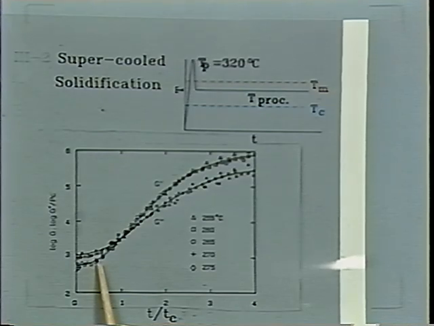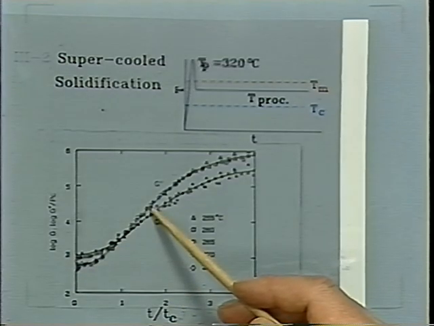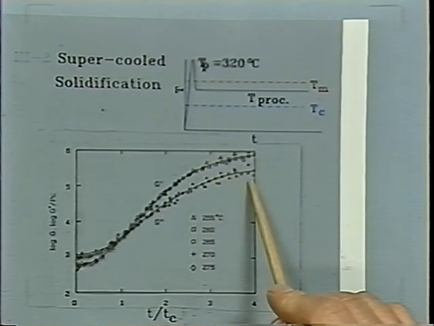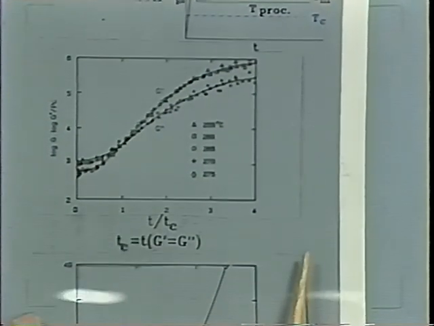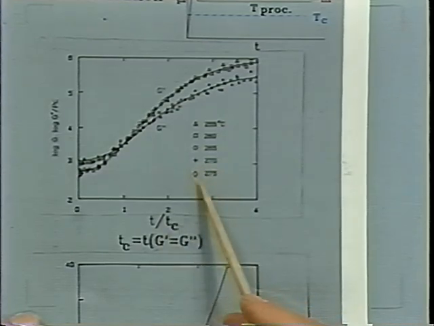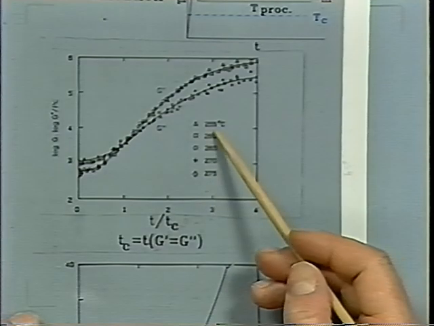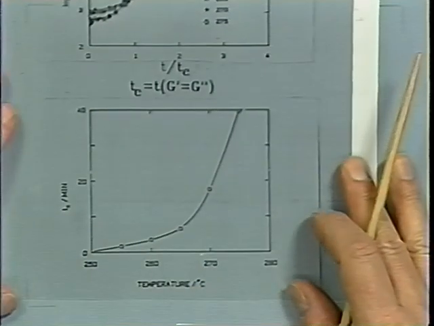There's a nucleation process. The rate increases as the nuclei are there, and then it saturates as the molecules cannot move around freely anymore when the degree of crystallinity is high enough. The characteristic time of that experiment is different. It's very, very long if we supercool only by 10 Kelvin, or it's very short if we supercool to 255. This is plotted down here.